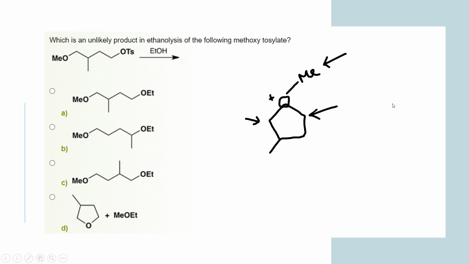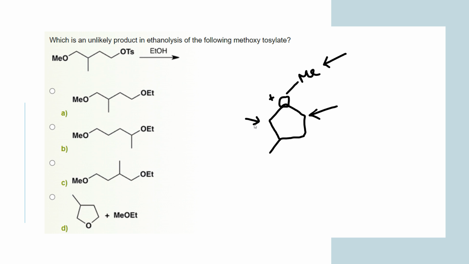So now what are these arrows showing? These arrows are showing the possible points where ethoxide from ethanol can attack. Ethanol contains H plus and ethoxide anion.